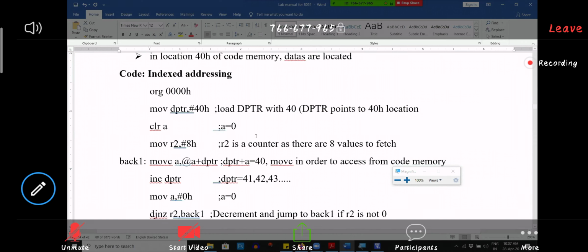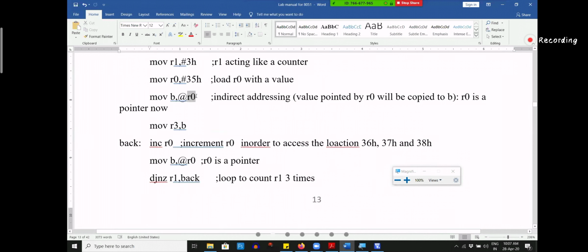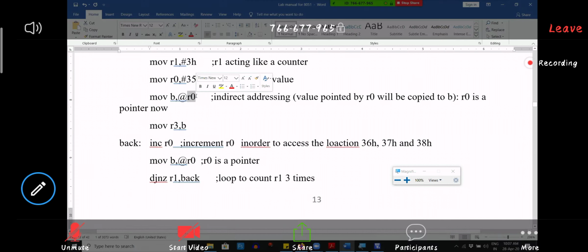DPTR is the only data pointer register. Actually, R0 is a pointer here right now, but when we write @R0, we are forcing R0 to be a pointer.